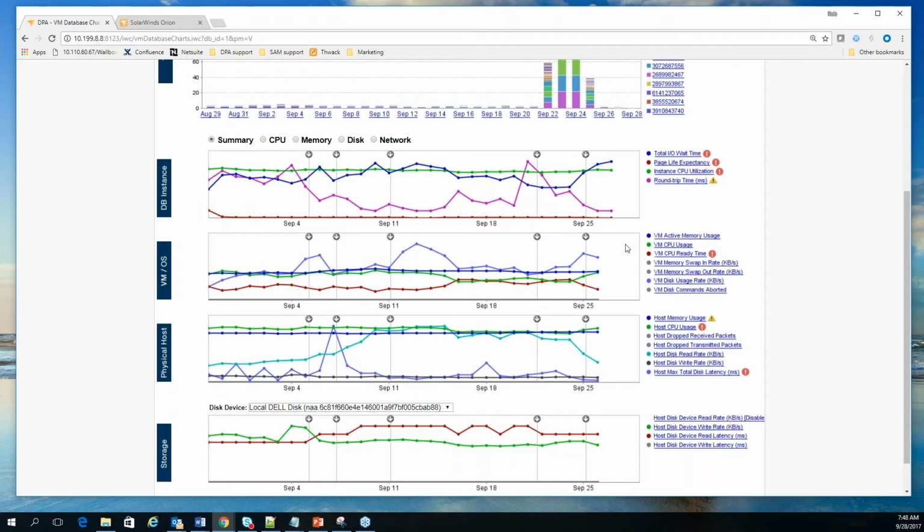Is it being driven from my virtual machine or guest operating system? And that's this layer here. Is it being caused by maybe a noisy neighbor that's residing on my same physical host, my same ESXi node, and that would be this layer here? Or is it caused by some kind of storage issue? So we've got even the data store data down here.